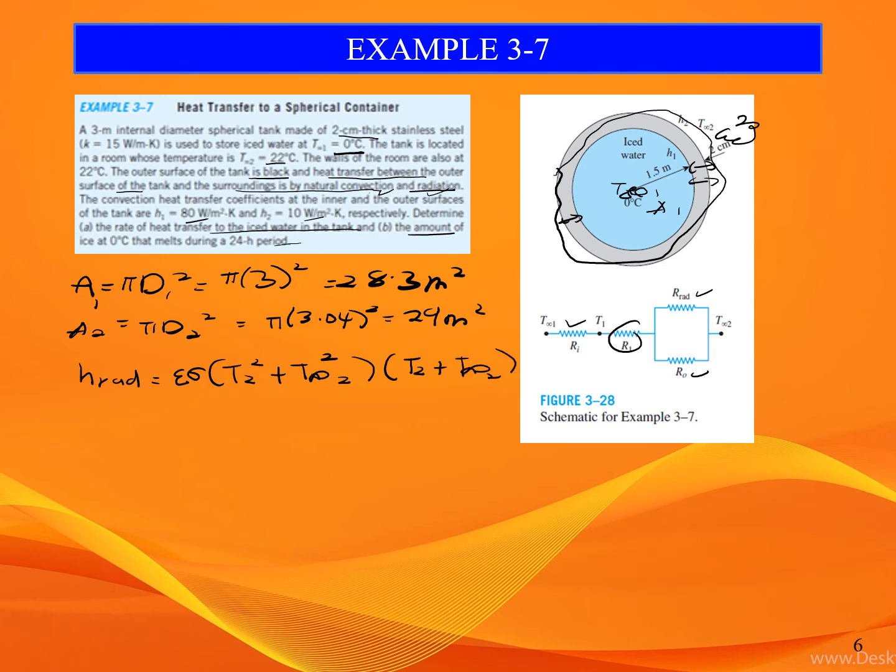Why do we consider this temperature? Because this is the surface temperature that directly contacts the heat of radiation, and this is the surrounding whereby the radiation occurred.